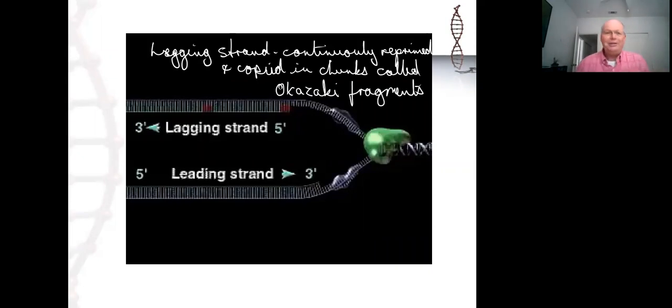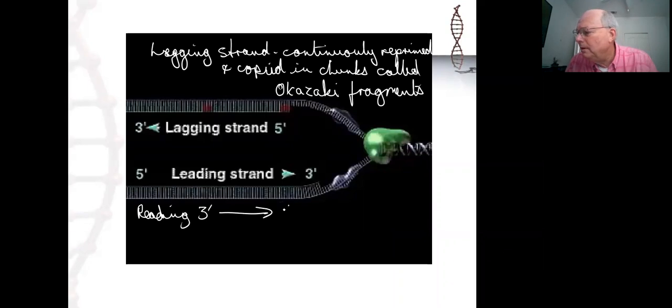So this is where the added complexity comes in, because you are reading 3' to 5' in this direction, and then you're building 5' to 3'.